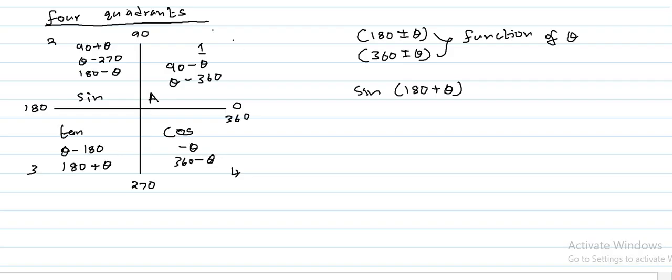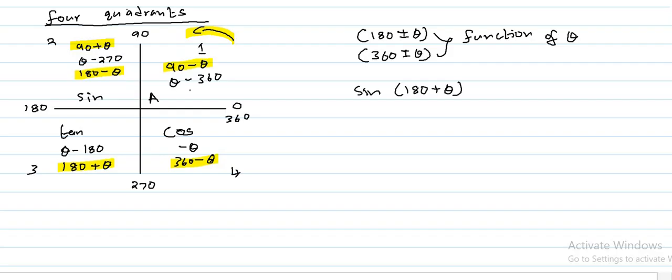So when we go anti-clockwise, you have 90 minus theta, 90 plus theta, 180 minus theta. On quadrant number 3, you have 180 plus theta, 360 minus theta.